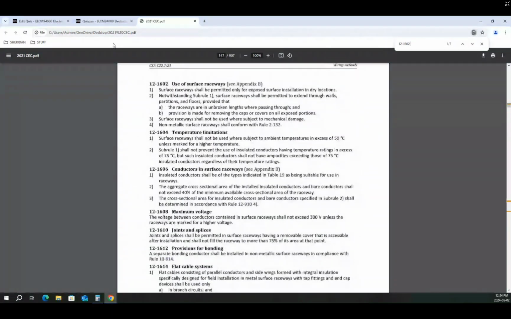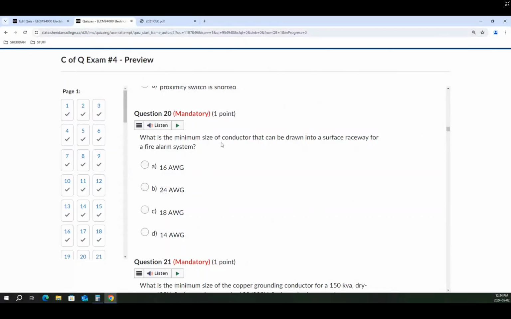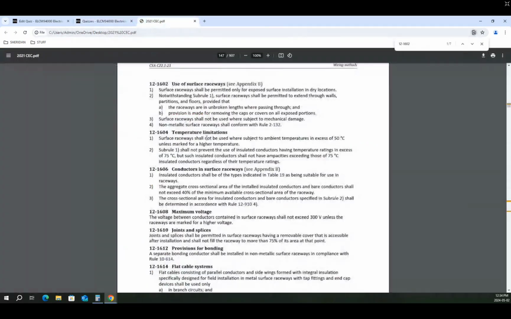And it has information. So we're going, what's the minimum size conductor that can be drawn in a surface raceway for a fire alarm system?